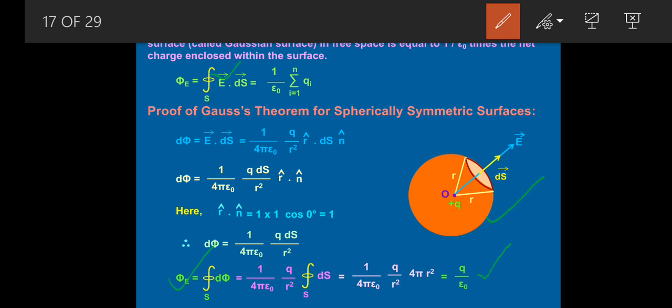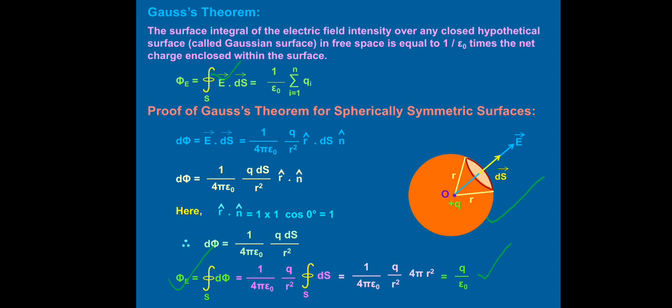So here the hypothetical closed surface is the sphere, which encloses the charge plus q. So this is Gauss's theorem. Now after this we will apply Gauss's theorem to calculate the electric field for different shapes.